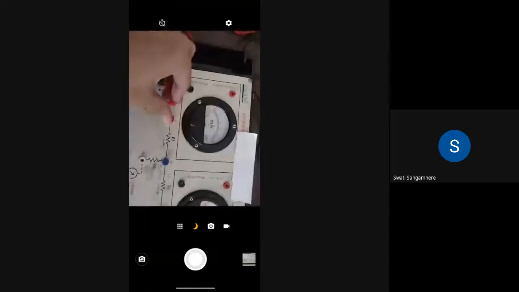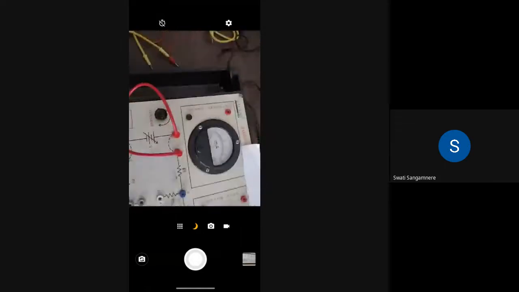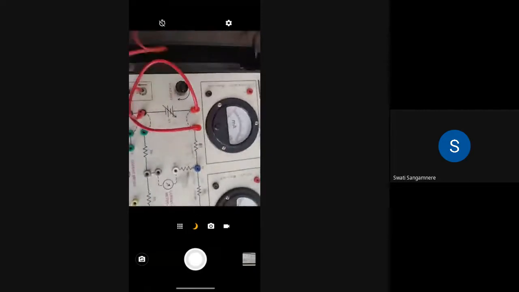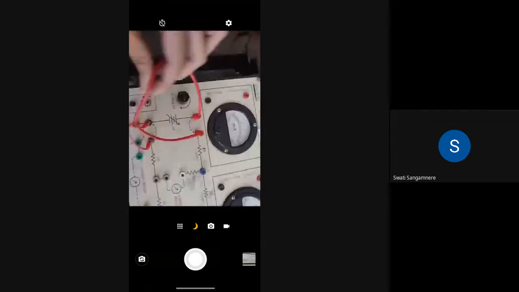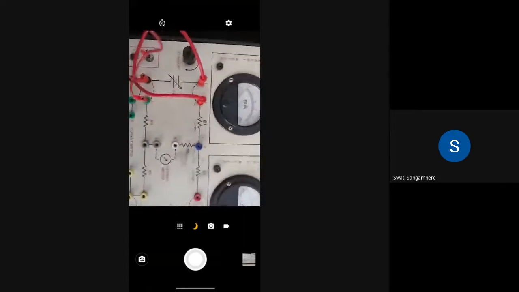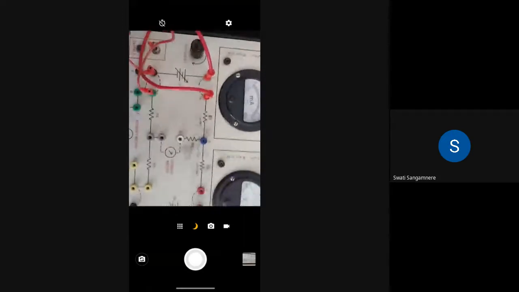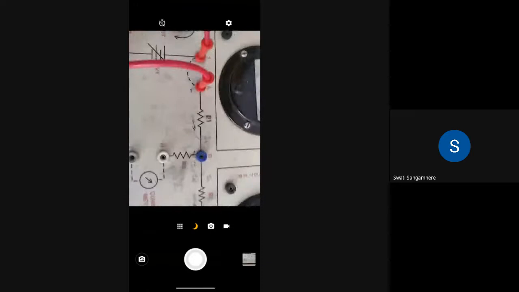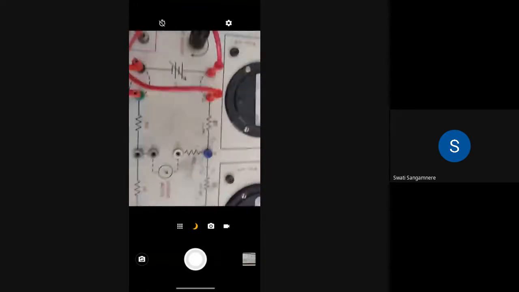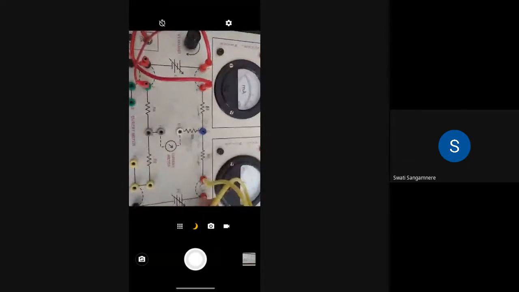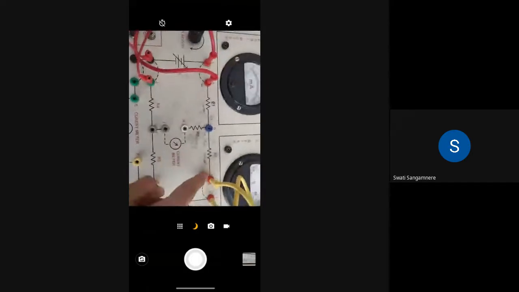See, the first voltage source gets connected, so resistance R1 is also connected in the circuit. Then we can connect the resistance R2 by connecting the voltage source V2. See, the resistance R2 is connected in the circuit.